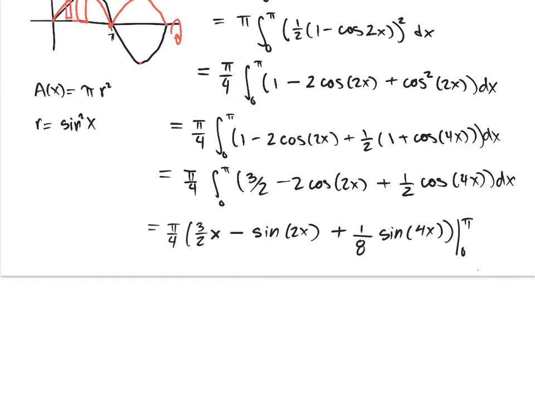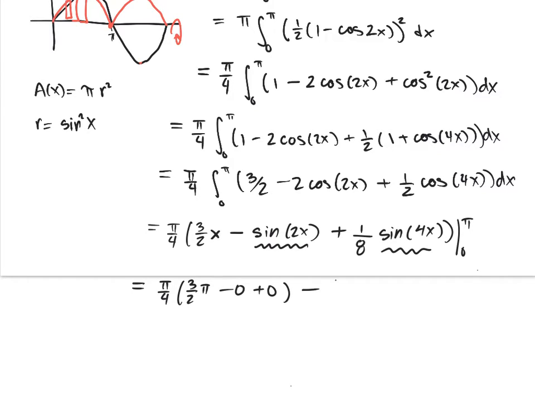And actually, this is a pretty nice one. We're just going to have pi over 4, 3 over 2 pi. When you plug pi into this guy, you get sine of 2 pi, which is 0. You plug pi in that guy, you get sine of 4 pi, which is 0.